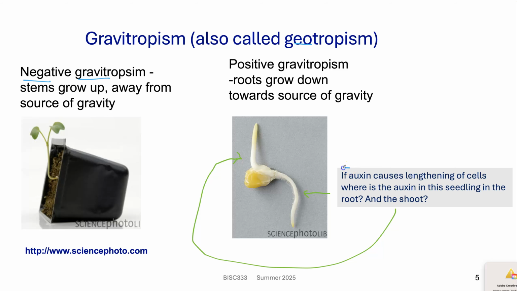So you want to think about this question. It may come up. If auxin is causing lengthening of cells, then where in this shoot is the auxin located? And where in the root is the auxin located? It's interesting that the two different parts of the plant have these different responses to gravity.